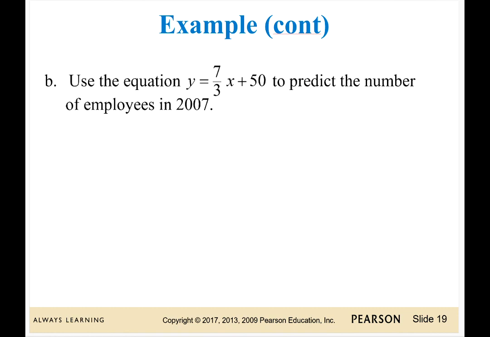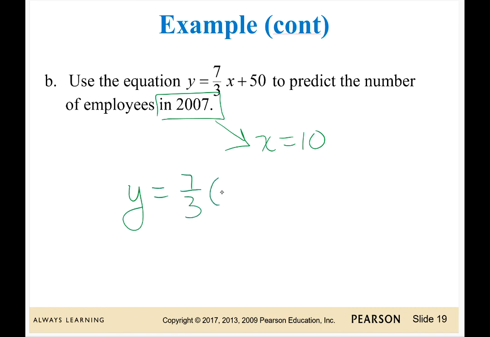All right, so the second part of the problem is we're going to use this equation and we're going to predict the number of employees in 2007. Now, 2007, remember, we're doing years after 1997. So this would mean that x equals 10, right? Because 2007 is 10 years after 1997. So you are going to take your equation and you are going to plug in x equals 10. All right, and again, I'm going to use my calculator just because I don't trust my brain anymore.